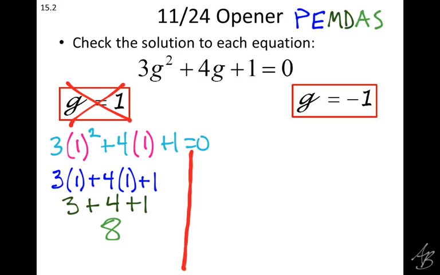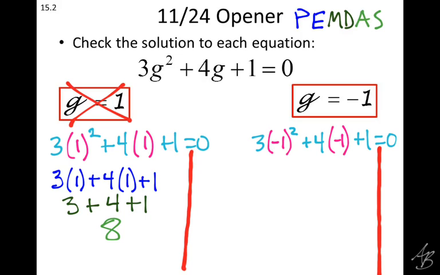So we're going to do the same thing, but plug -1 in this time. All right, and just like over here, I'm going to draw my line of equality just to keep the left side and the right side separate, and I want to simplify each side.